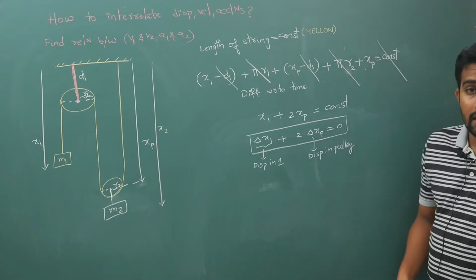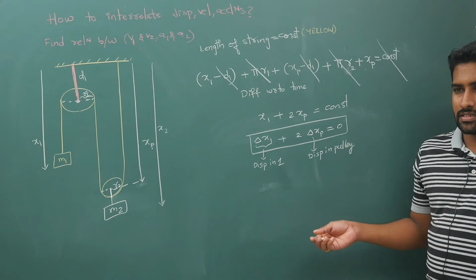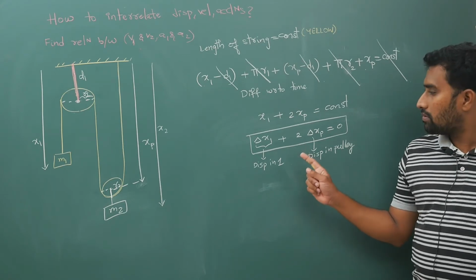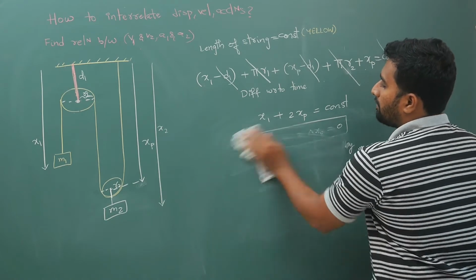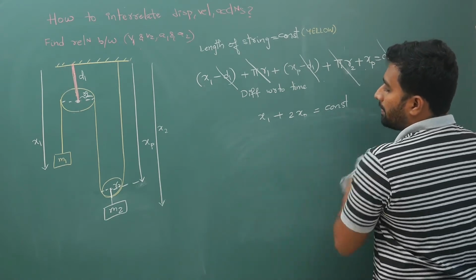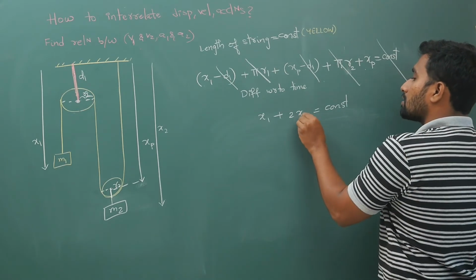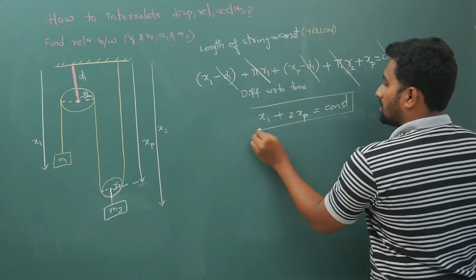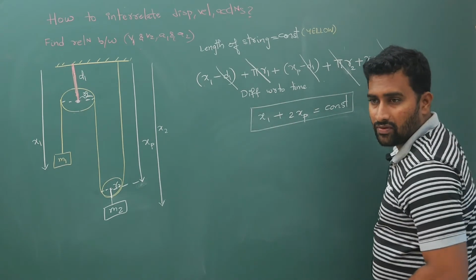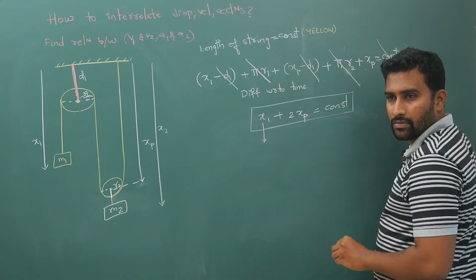Now, people will get confused with the signs. I will tell you how. I will erase this point. Hope you have paused the video clip and copied this down. So 2 times xp is constant. This step is important. Now observe carefully. You differentiate dx1 by dt.